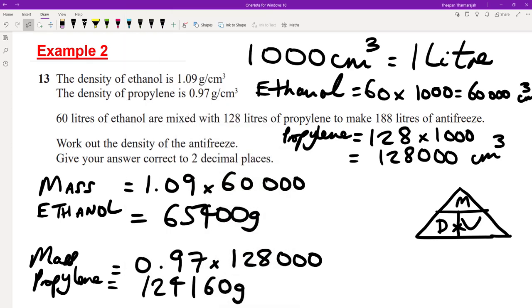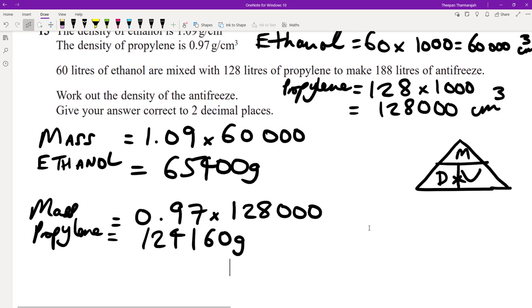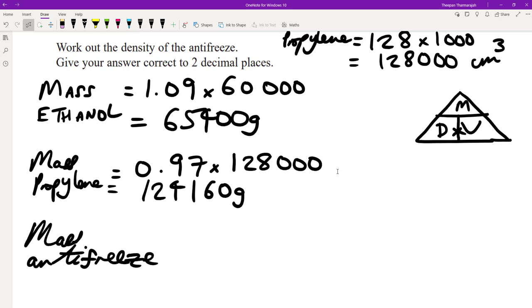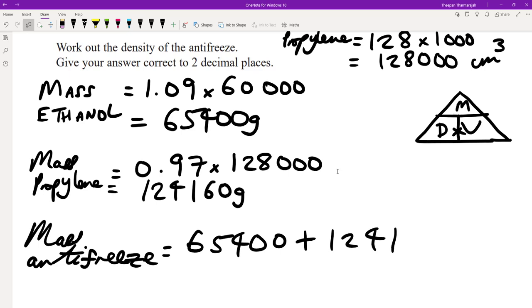Now we're in a position to find the density of the antifreeze. So we can say that we've got the total mass, or the mass of the antifreeze, is going to be 65,400 plus 124,160.